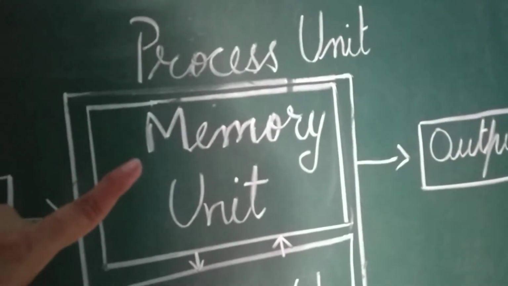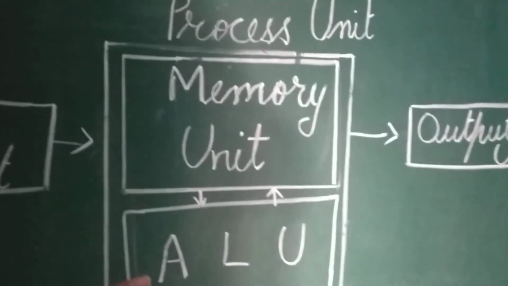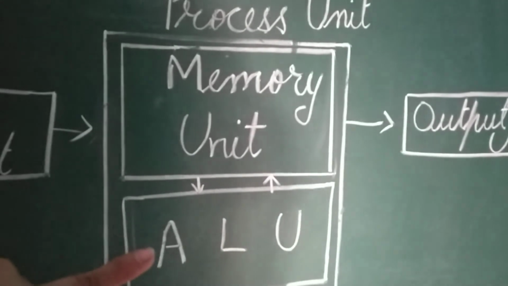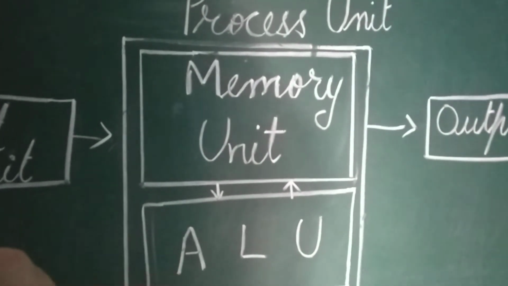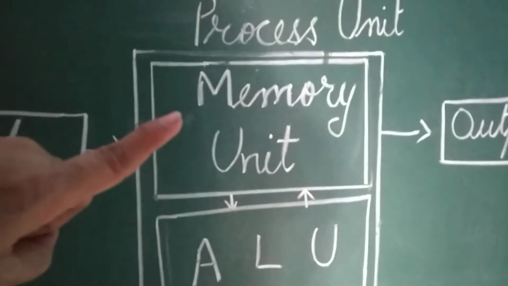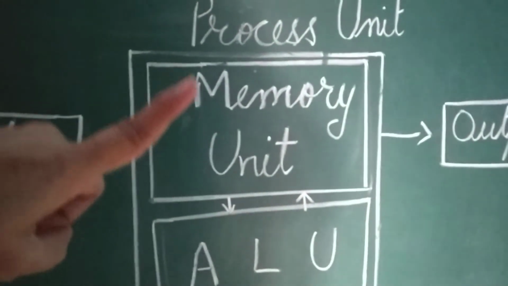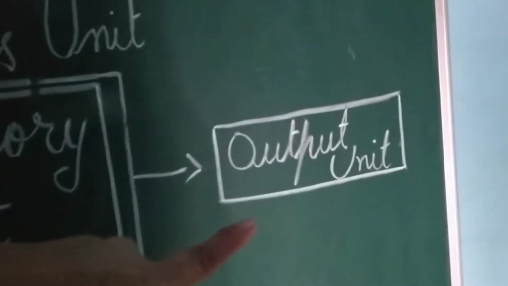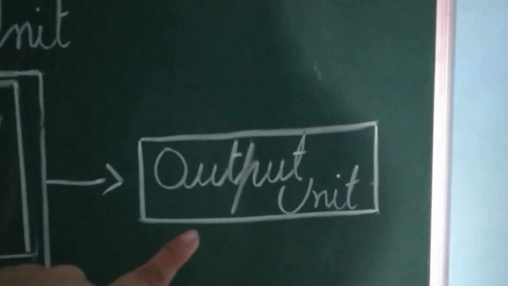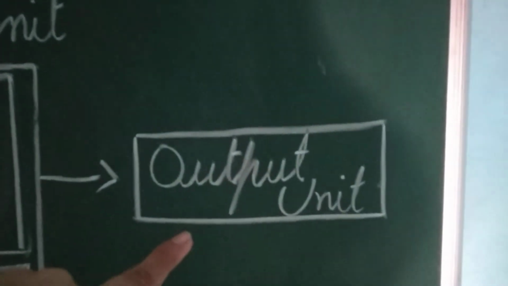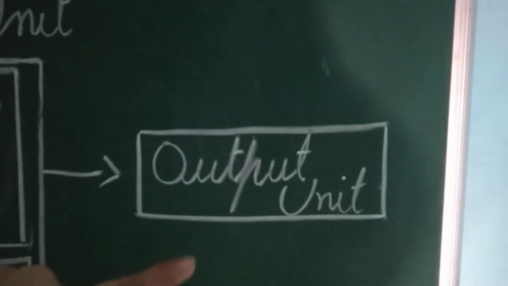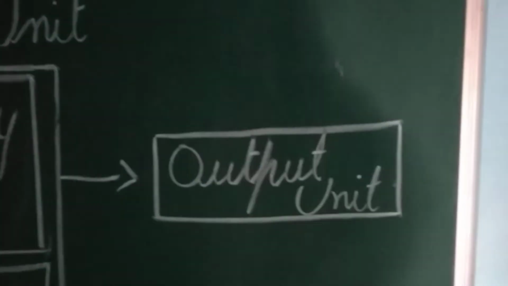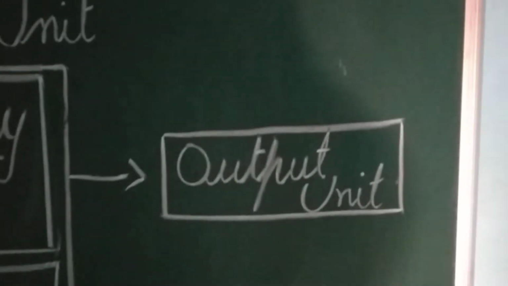From the memory unit, it enters for processing in the ALU. After processing that data, it again returns to the memory unit, and from the memory unit, as a result, it comes from the output unit. Through monitor, or maybe printer, or maybe speaker, whatever your requirement is.